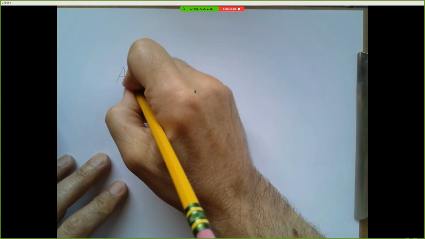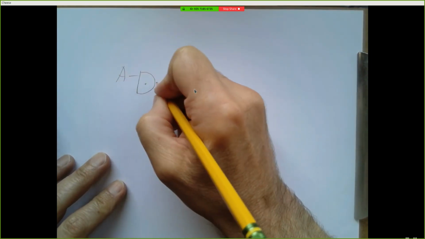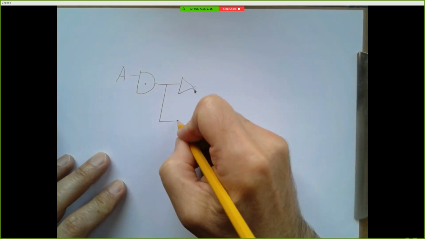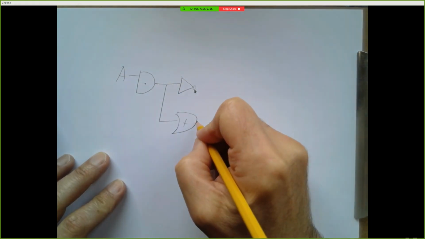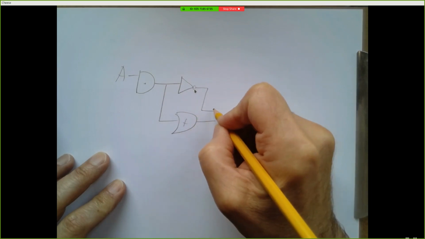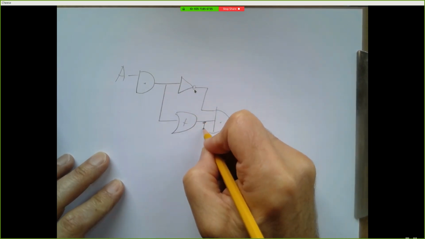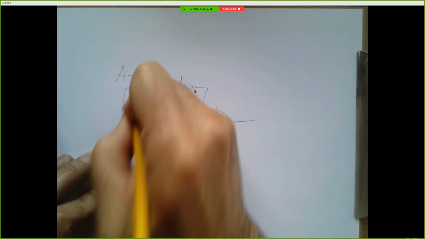Here's an input A, and it goes into an AND gate, and maybe this goes through an inverter, and this goes into an OR gate, and maybe this goes into another AND gate, and maybe this goes back into here.